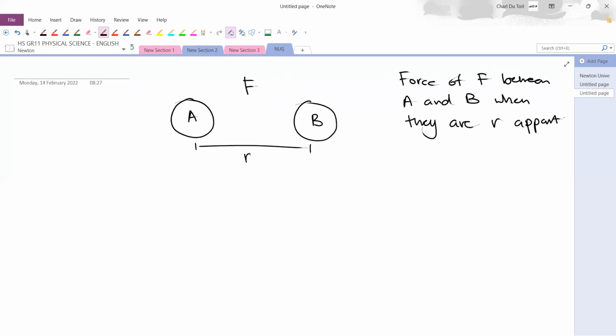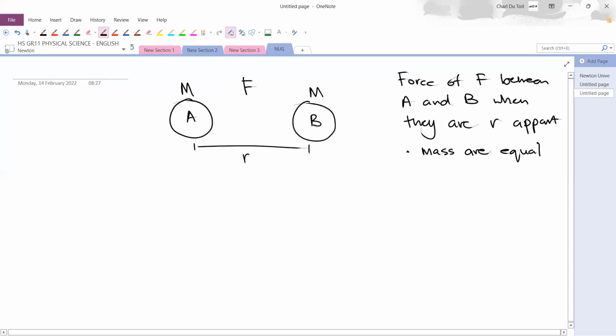It's basic. Let's say the mass of A and B is equal, so the mass is just M.